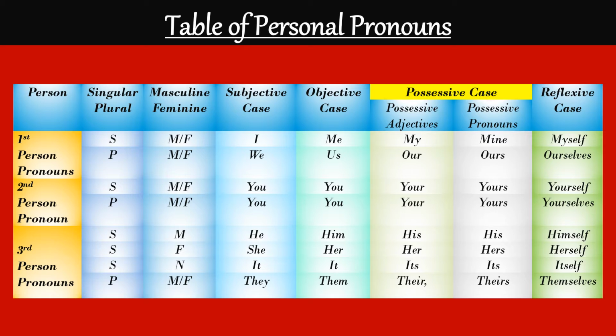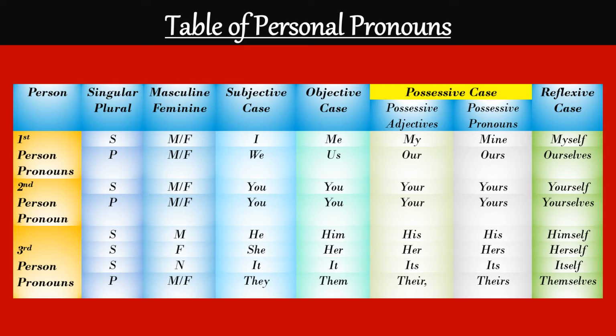In the next 2 columns, both are given the heading of possessive case, and then possessive case is further divided into 2 kinds: possessive adjectives and possessive pronouns. Possessive adjectives are part of this table, but these words my, our, your, his, her, its, and their, they function as adjectives in sentences.